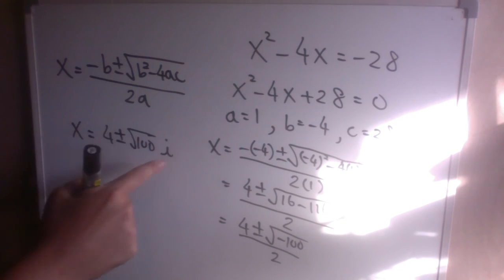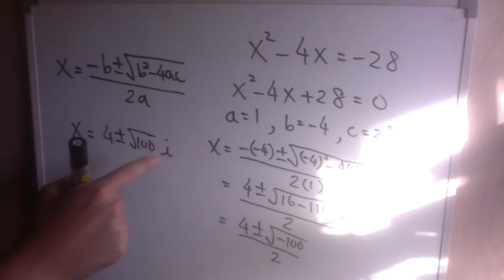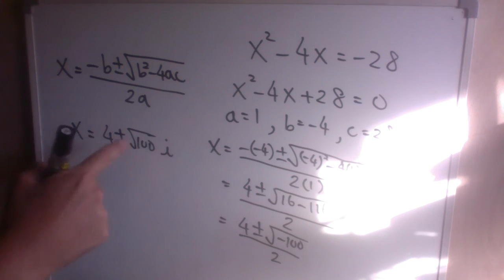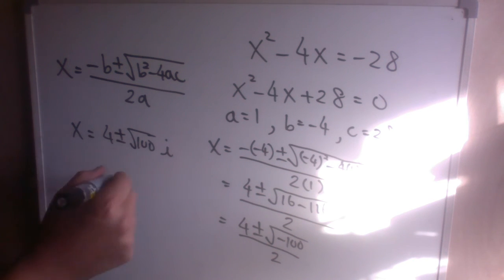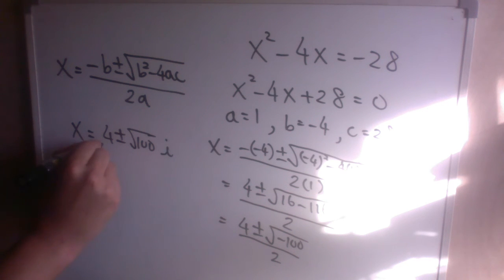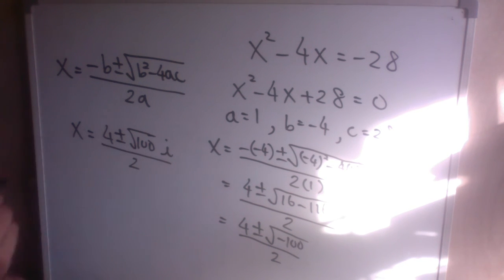The i is outside the square root. So this is going to be a complex number. We're going to have complex numbers as our solution, over 2.